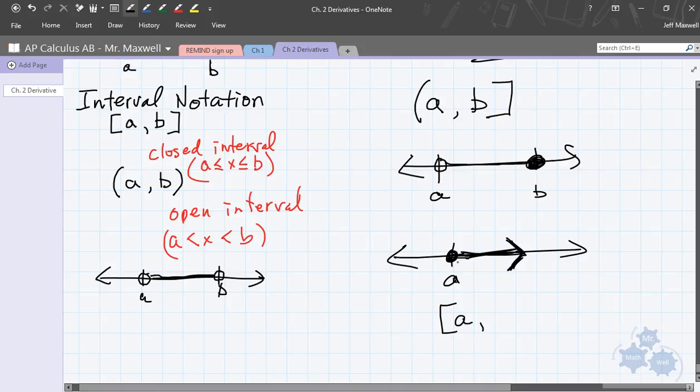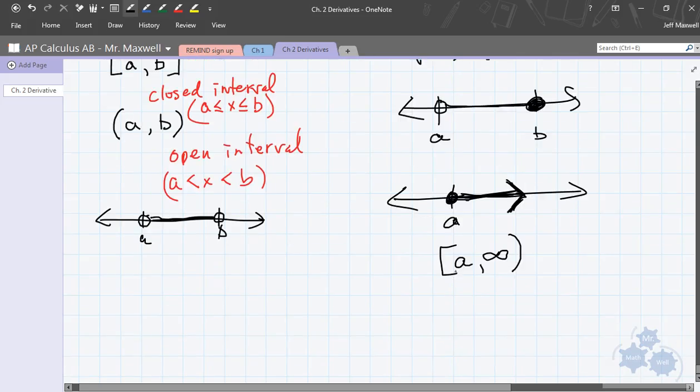This mapping says that every value including A and greater than A is part of the solution. So how do we represent going on forever? Infinity. You put the infinity sign here. Infinity is not an actual number. It's just a concept; there is no number called infinity. Infinity is just as we continue on without end. So that's what that means: everything including A and greater than A.